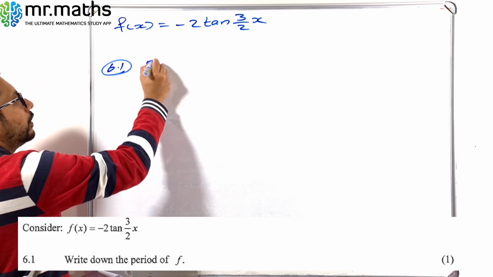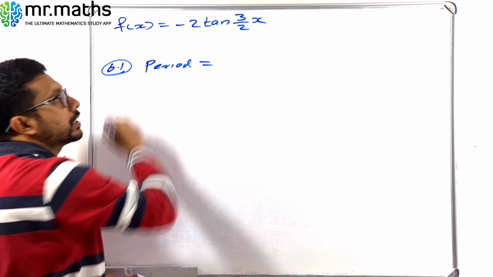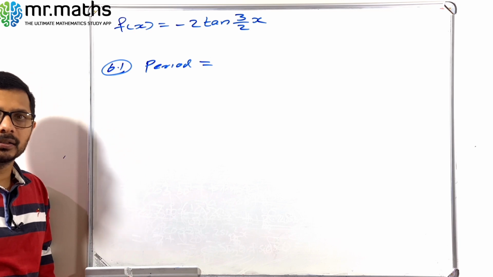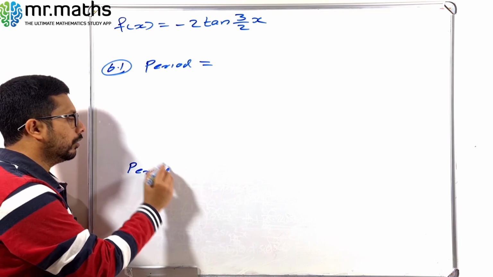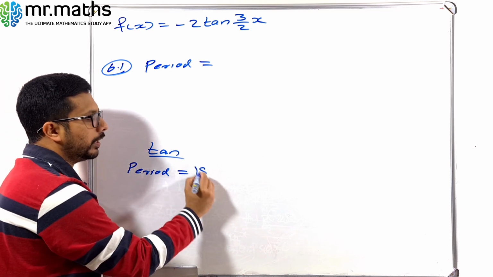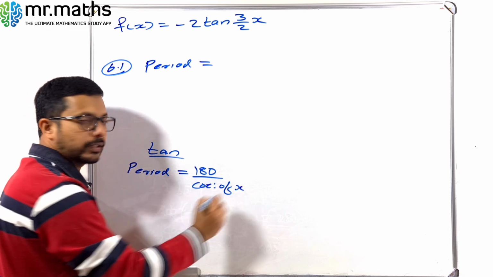So you have to find the period of this f of x. So here, don't forget that this is a tan. So what is the formula to find the period of tan? Period of tan graph. What is the formula? 180 divided by coefficient of x. Am I right?